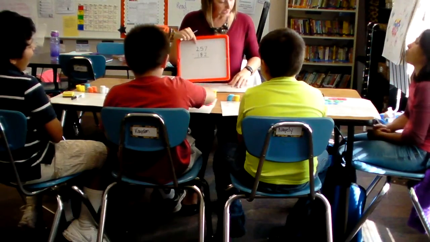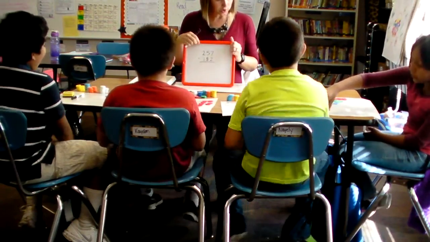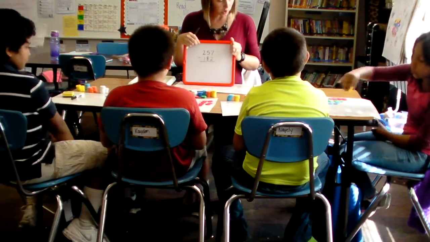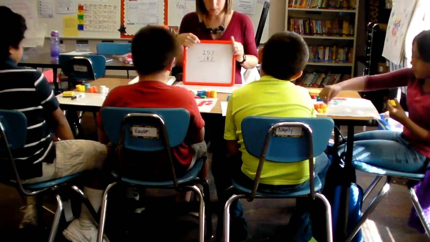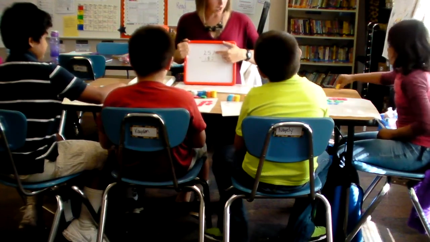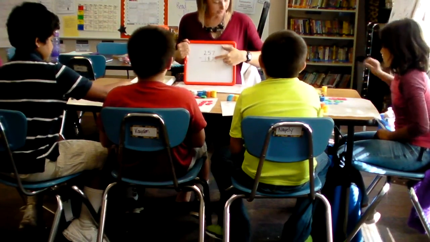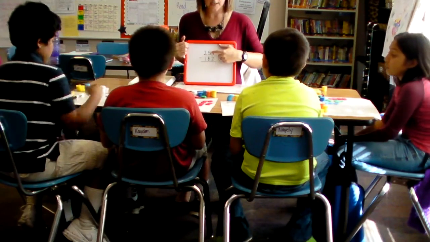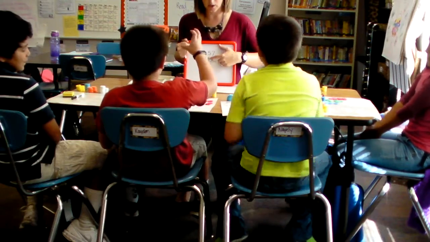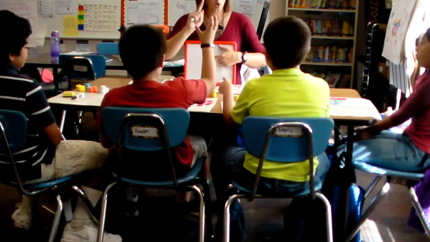Okay. Now, let's start in the ones column. We always start in the ones column. Are there enough ones in the top number to take away the bottom number? Yes. Okay, now let's look at the tens. Are there enough tens in the top number to take away the tens in the bottom?